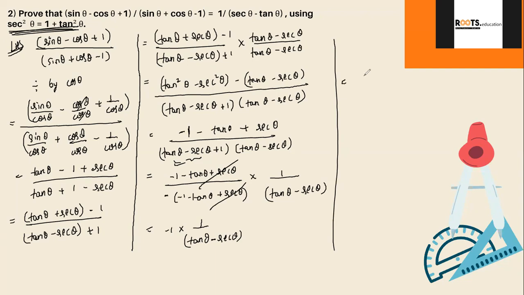So that is equal to minus 1 divided by tan theta, if you take minus common, secant theta minus tan theta. So minus and minus is cancelled. We will be left with 1 by secant theta minus tan theta. Oh, okay, that's your RHS.